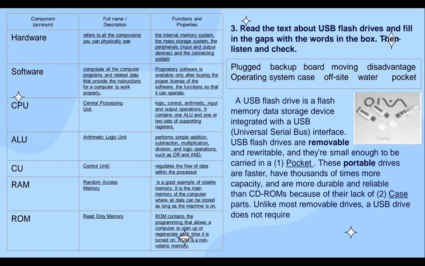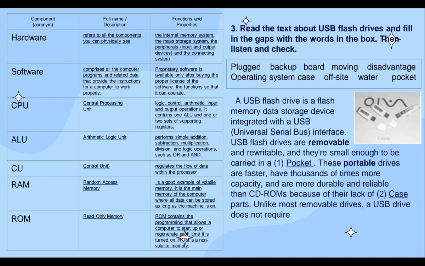It is the main memory of the computer where all data can be stored as long as the machine is on. And the last is ROM. Full name is read-only memory. ROM contains the programming that allows a computer to start up or regenerate each time it is turned on. ROM is a non-volatile memory.